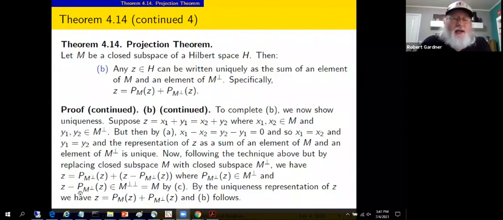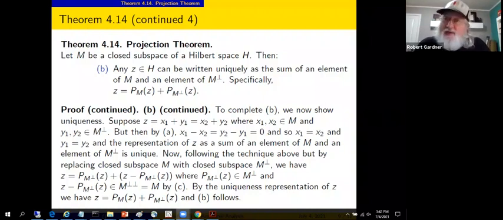So this Z minus the projection of Z onto the perp space of M actually must be an element of M. You know, we've got a uniqueness of the representation. So this thing here must actually be the projection of Z onto M. So this, being an element of M, must be the projection, and so that ties it together, and we get Z written as this type of linear combination, and there's part B. So unique linear combination.